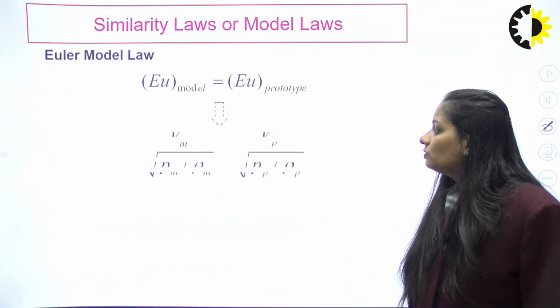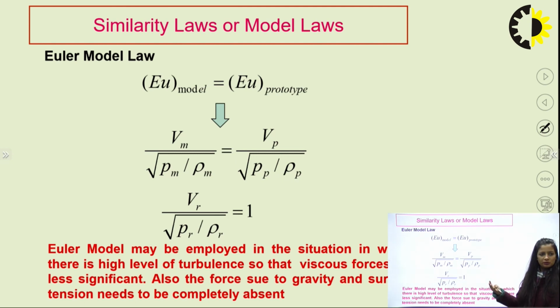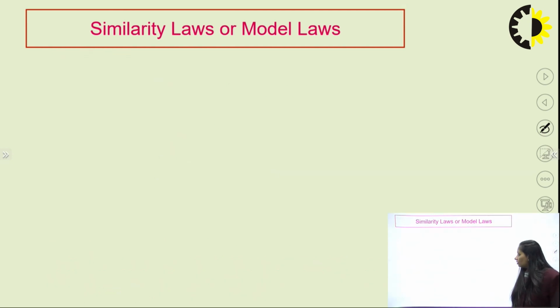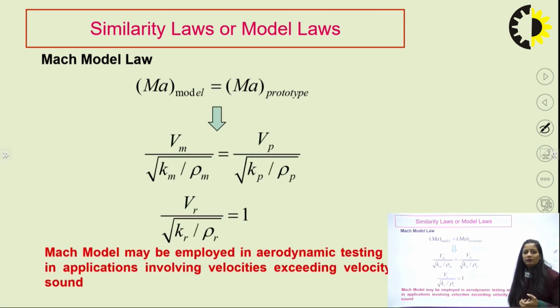Now the next is Euler's model law. The process is simple: we just equate the Euler number for model and prototype. In the same way, for Mach model law, we equate the Mach number for both model and prototype.